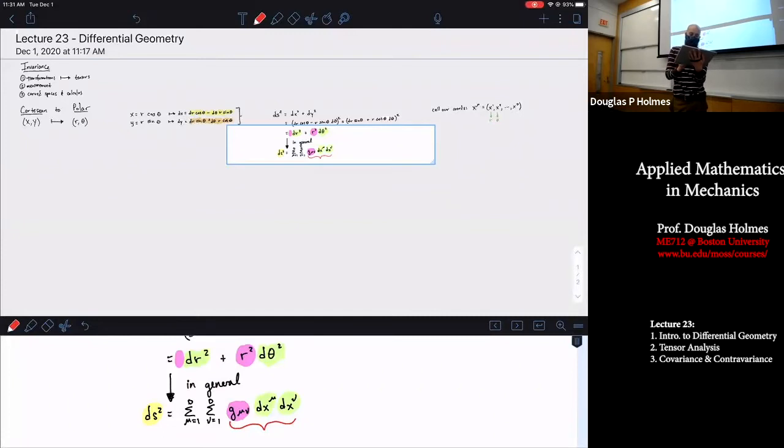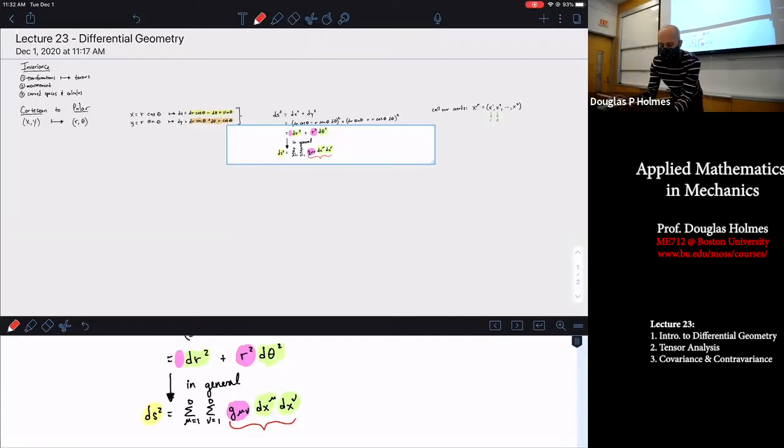And if I have in that product matching indices, upstairs and downstairs, those things will contract, and you will not see that index on the left-hand side. So mu is on the downstairs and upstairs. You won't see mu on the left-hand side of the equation. Nu is on the downstairs and upstairs. You won't see nu on the left-hand side of the equation.